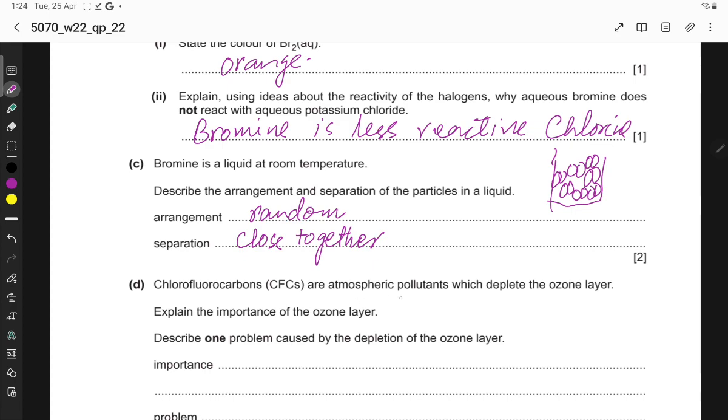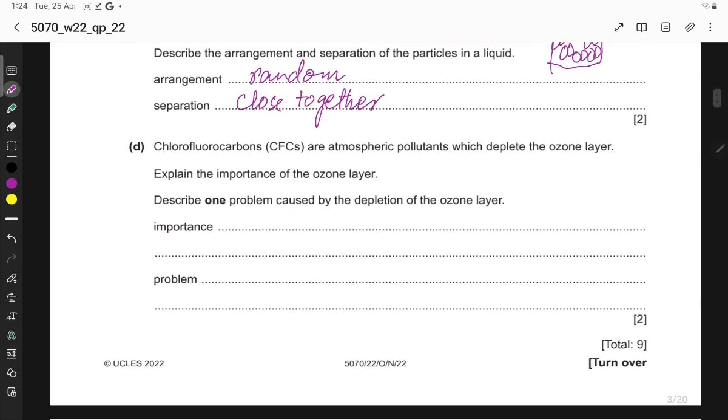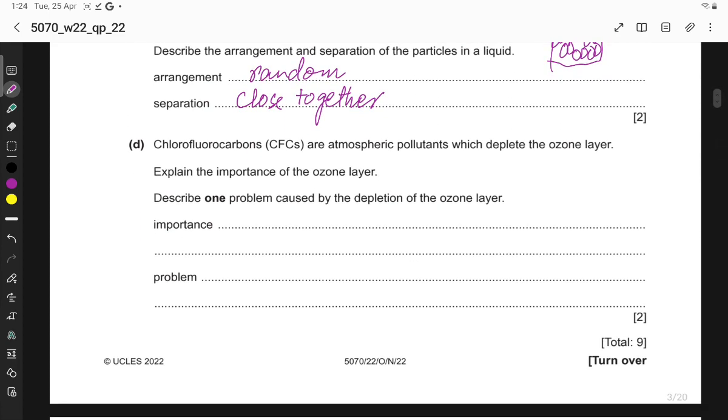Chlorofluorocarbons are atmospheric pollutants which deplete the ozone layer. Explain the importance of the ozone layer. Describe one problem caused by the depletion of the ozone layer.